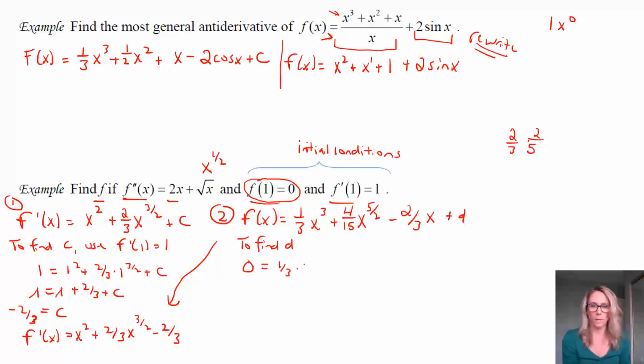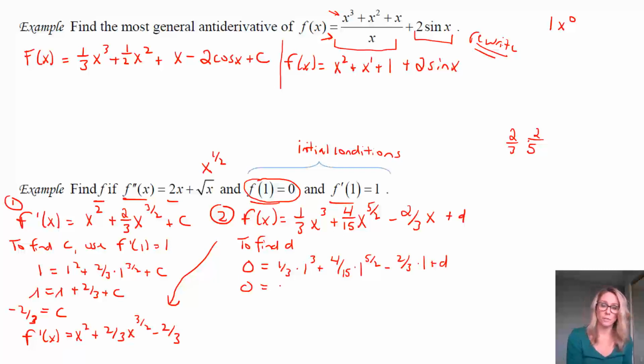So I have 1/3 times 1 cubed plus 4/15 times 1 to the 5 halves minus 2/3 times 1 plus d. Okay, so this is going to give us 1/3 plus 4/15 minus 2/3 plus d. That should equal 0.